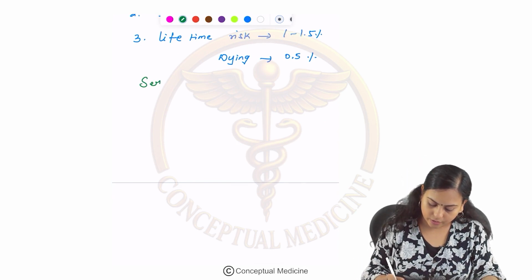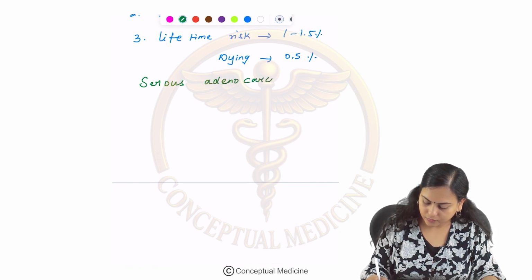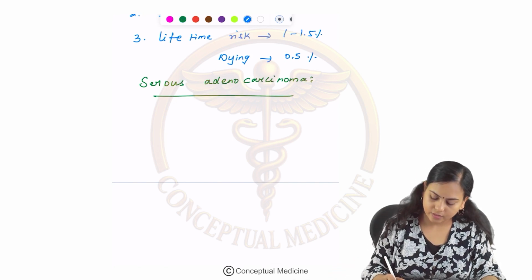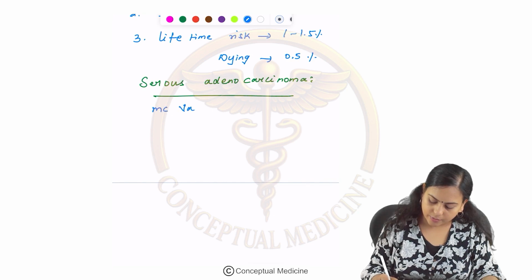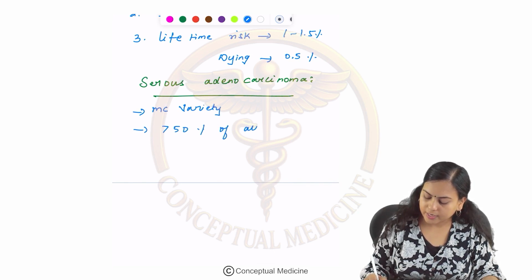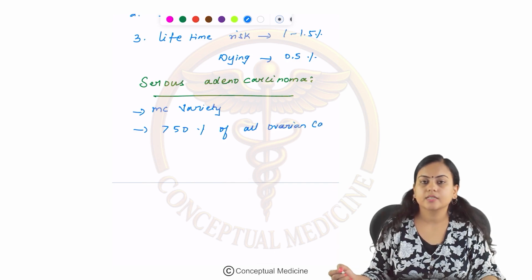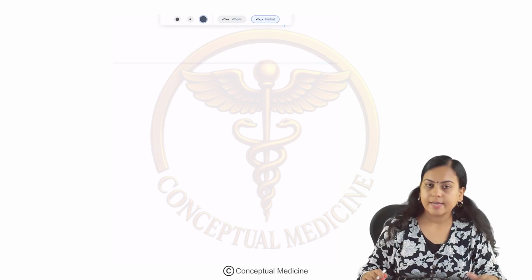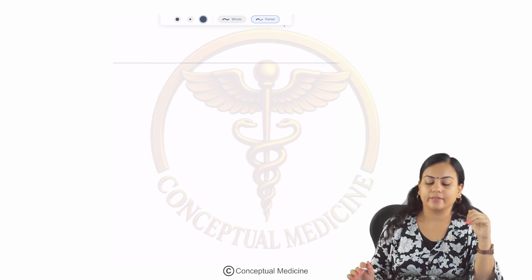Now, let's start discussing about each type of epithelial ovarian cancer. First, it is going to be a serous adenocarcinoma. Serous adenocarcinoma. So, this is the most common variety and it makes about more than 50% of all ovarian cancer itself. Okay, so more than 50% of the cancers are serous adenocarcinoma. It can be of low grade or high grade.